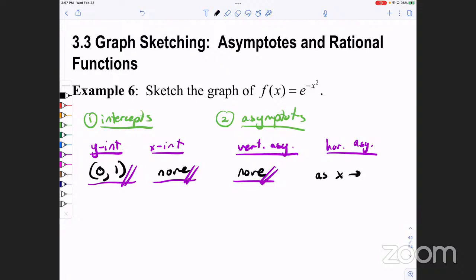As x goes to positive infinity, f goes to 0. As x goes to negative infinity, this function goes to infinity, right? So we have a horizontal asymptote of y equals 0. That's as x goes off to the far right.